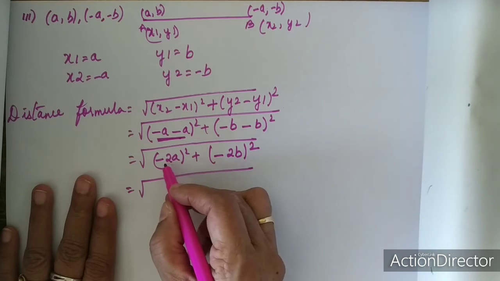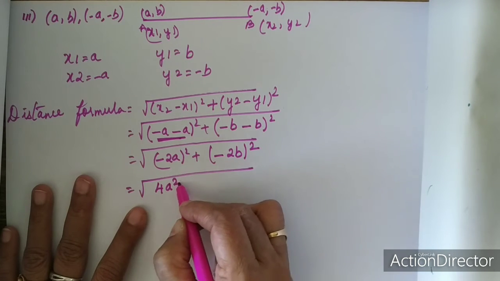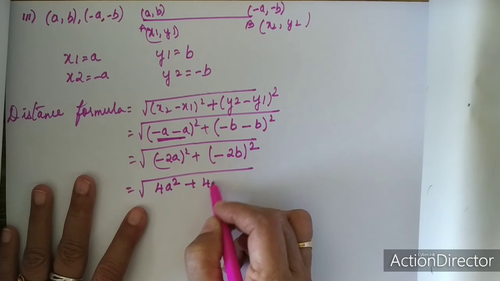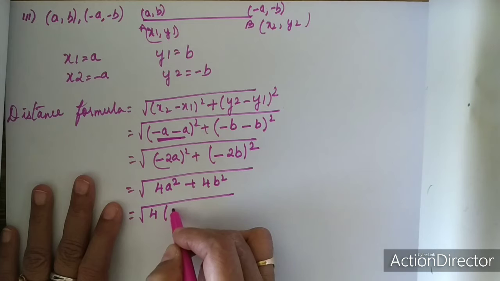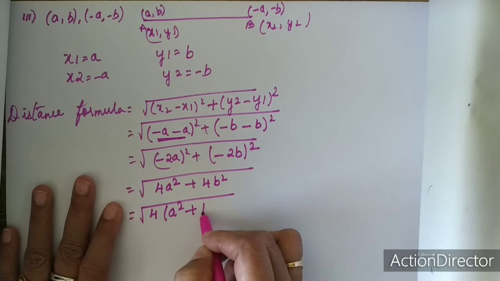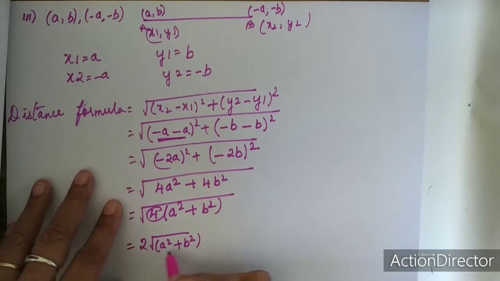This is equal to minus 2 when squared becomes 4. So I'll get 4a square plus 4b square. Here I can take 4 common outside and inside the bracket I will have a square plus b square. What is the square root of 4? The square root of 4 is 2. So my answer will be 2 into root of a square plus b square.